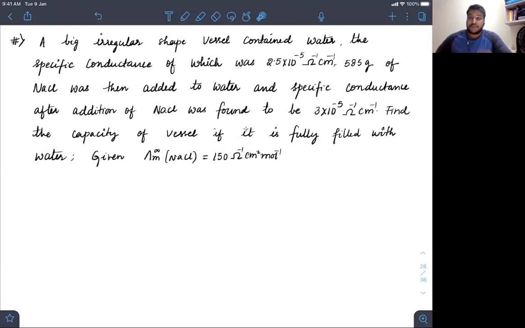So you'll get conductivity of only NaCl ions. So from there calculate lambda m infinity, and from there you can calculate what will be the volume. Number of moles are given, so number of moles divided by molarity, you will get volume. Try that.